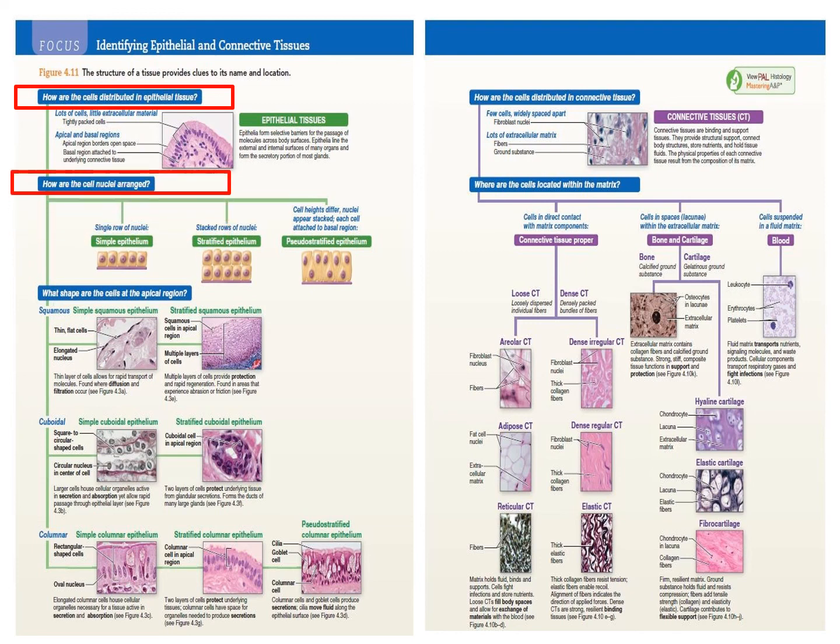The second question: how are the cell nuclei arranged? And the third question: what shape are the cells at the apical region? Whereas in the case of connective tissue, the questions are: how are the cells distributed in connective tissue, and where are the cells located within the matrix? So, with the help of this diagram, you can easily identify the epithelial and connective tissue, which we already discussed.